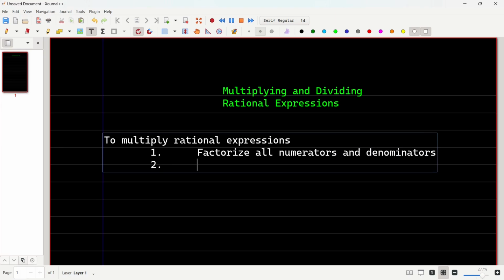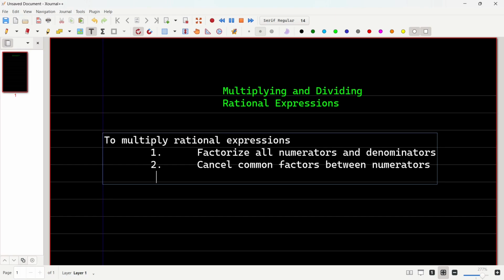The second thing that we're going to do is to cancel common factors between numerators and denominators.